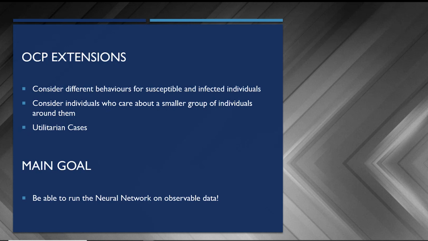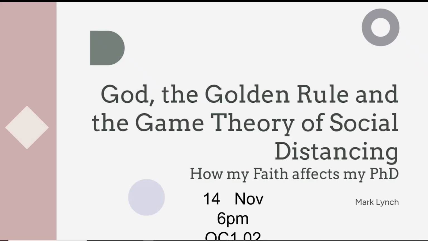As well as that, I think that people don't necessarily think as selfishly as the Nash equilibrium. So, if you think back to COVID, you didn't just care about yourself being infected, you cared, or hopefully cared, about your family being infected as well, perhaps your friends, perhaps your work colleagues. At this point, we're getting into some ethical territory as such, which me as a Christian finds really interesting.